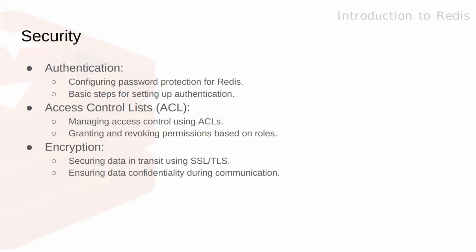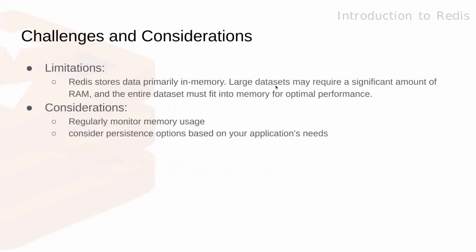So we can manage access there, like for different roles, we can grant different permissions. To use some commands, we can grant permissions for some roles, and we can revoke permissions. So this role permission management can be done with Redis ACL, and encryption is also there. We can store data with encryption also. Okay.